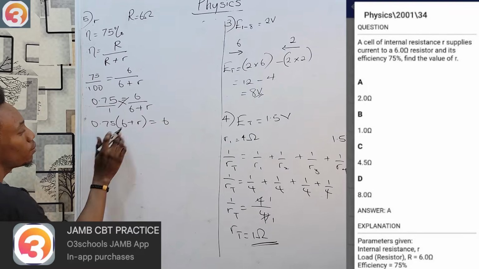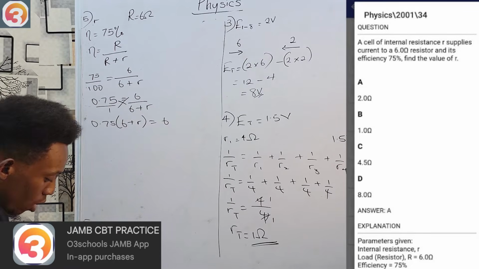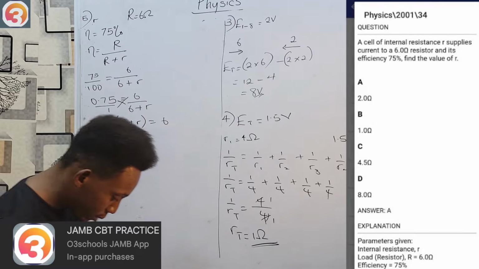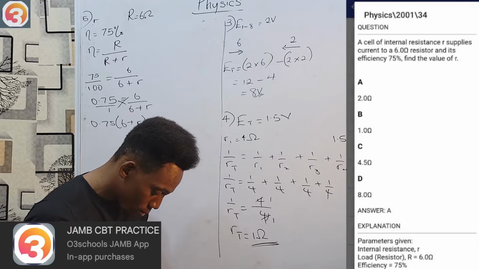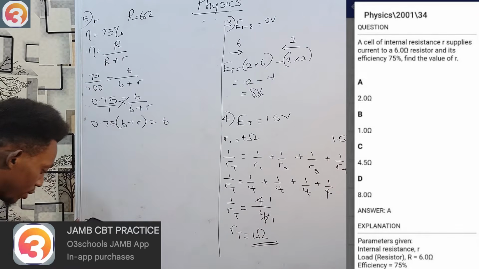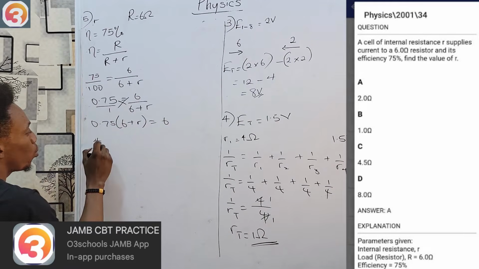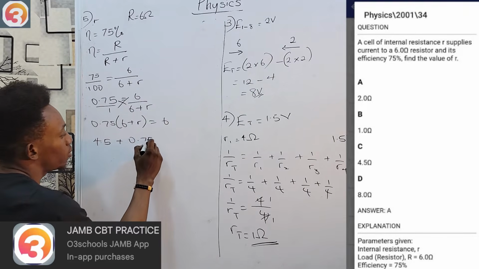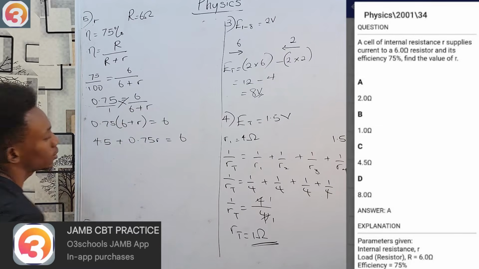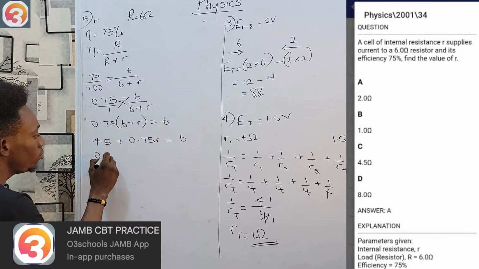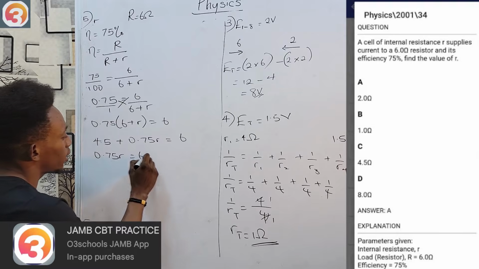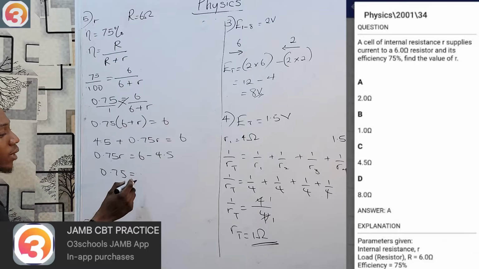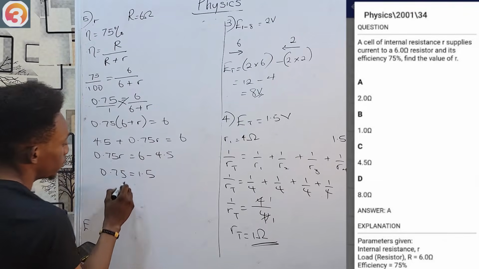And 0.75 times 6, let's use our calculator, will give you 4.5. 0.75 times R gives 0.75R. So 0.75R equals 6 minus 4.5, and 6 minus 4.5 is 1.5.